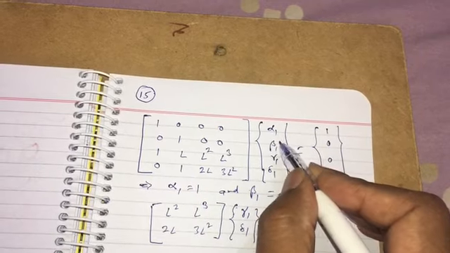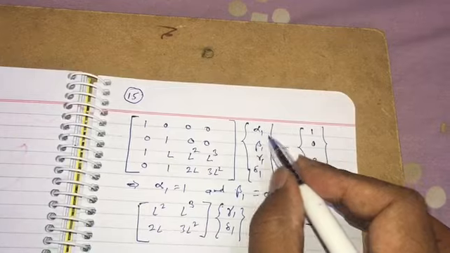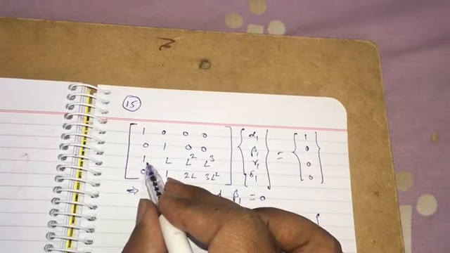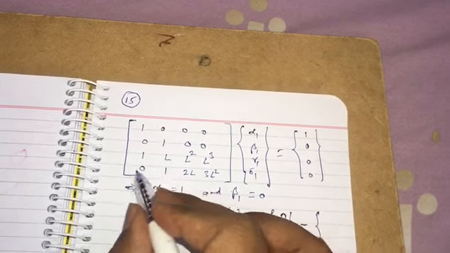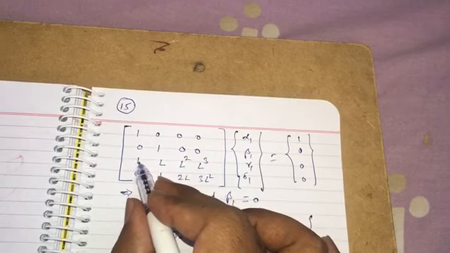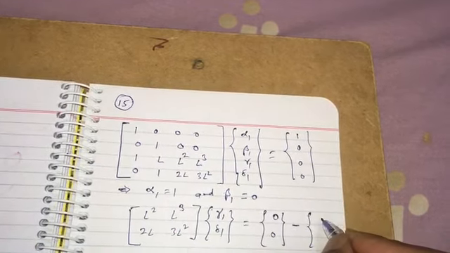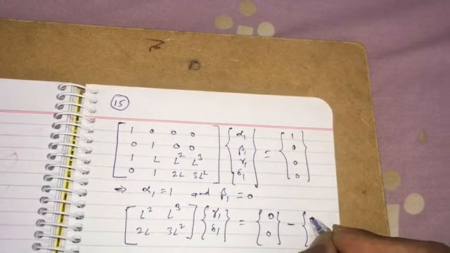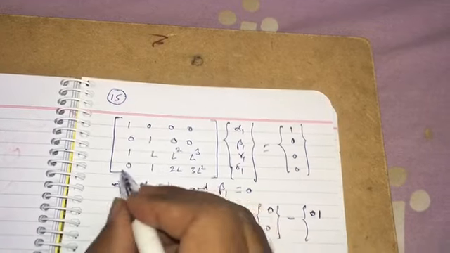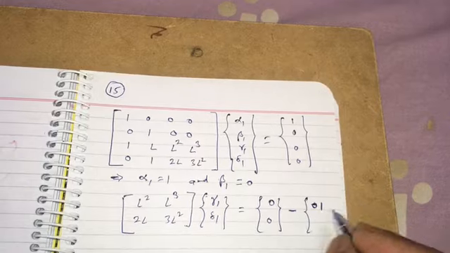We are looking at the last two equations with alpha 1 equal to 1 and beta 1 equal to 0, so we multiply by [1 0] and [1 0]. This is 1 0, so we get 1 only, and here 0 1, so 0 times 1 and 1 times 0 becomes 0 only.